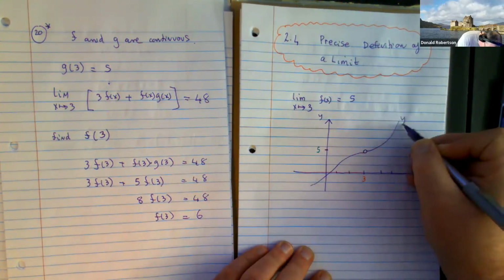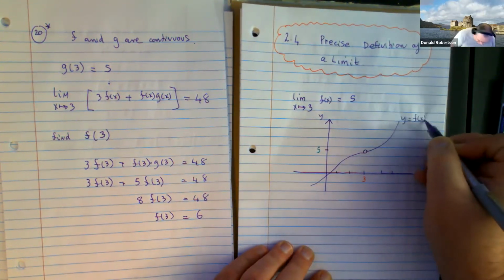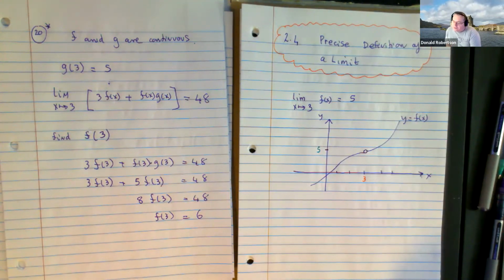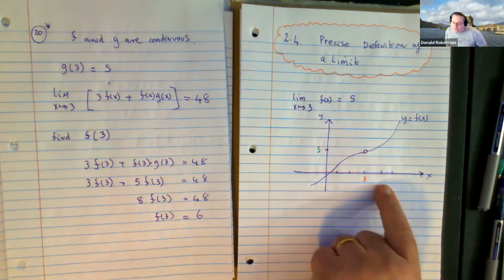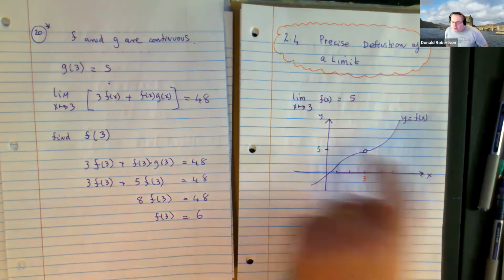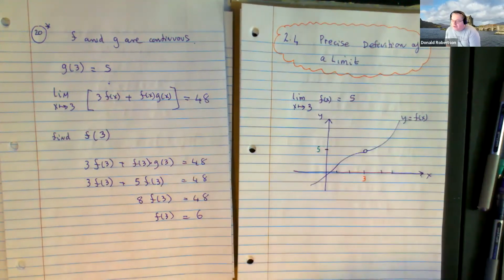And here is some generic function called f of x. Do you notice that I've put a hole there? Isn't the overall limit of this 5, but the value of the function at 3 doesn't exist? That's to stop people just saying the limit as x tends to 3 of a function is just the value of the function at 3. Well, not necessarily. This thing has a limit, it's 5, and it doesn't even have a value at 3. The function doesn't exist.